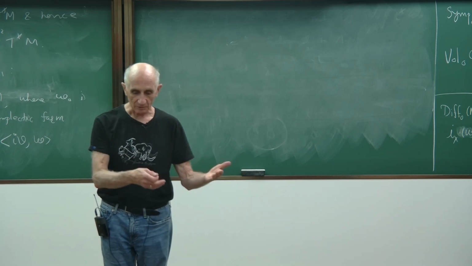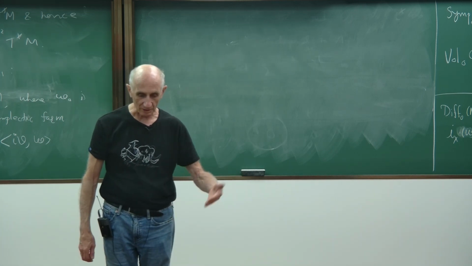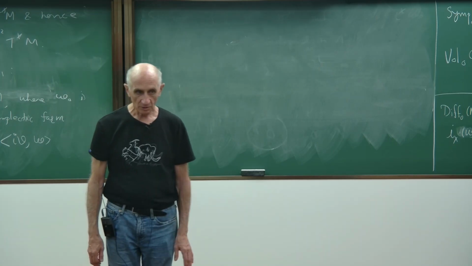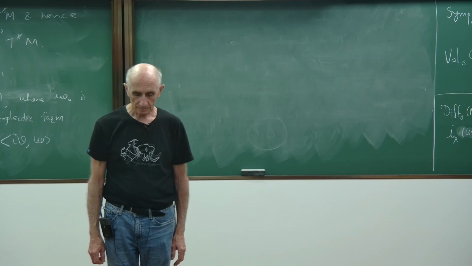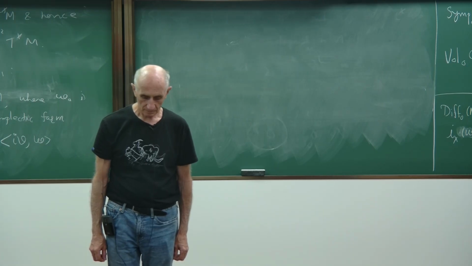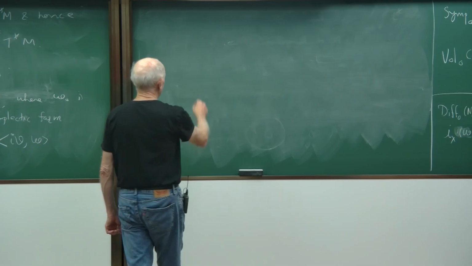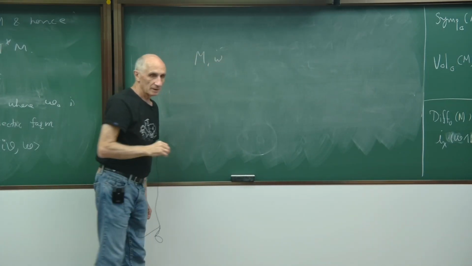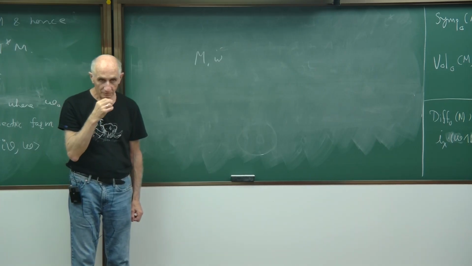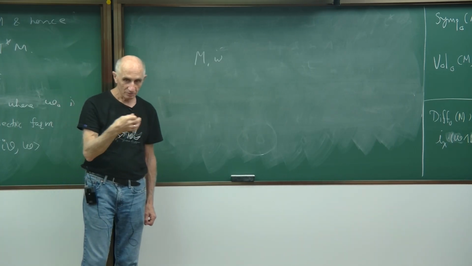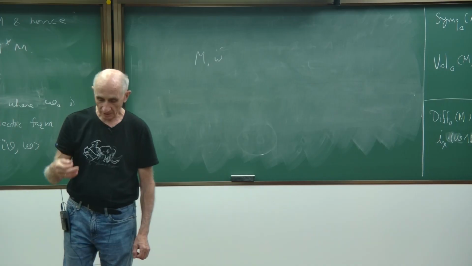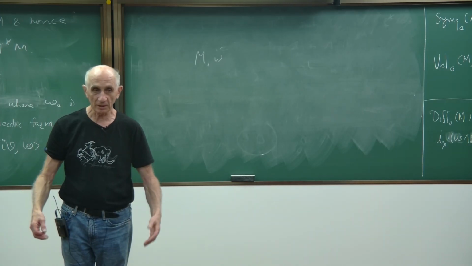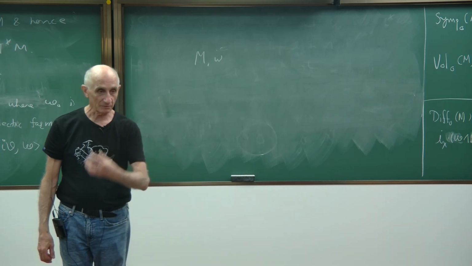This is the idea of Gromov, the beginning of Gromov's invariants, the whole theory. You start with a symplectic manifold. And we know that one of the great examples, one of the original sources of closed symplectic manifolds, is a Kähler manifold in complex geometry.